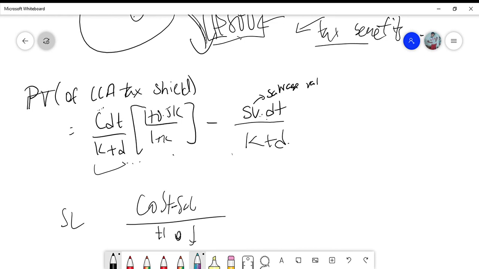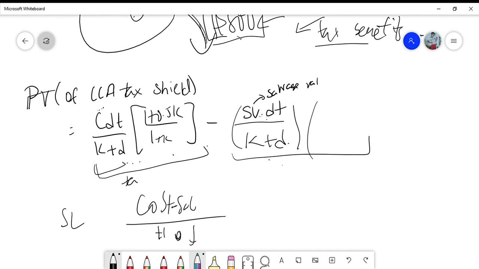But at the end of the year, when I sell this asset, I get a lot of money. Right now, here's your CCA deduction, the tax benefits. This part is the tax benefits. And this is the entire salvage value that I also depreciated, and you have to bring it back to the present value.